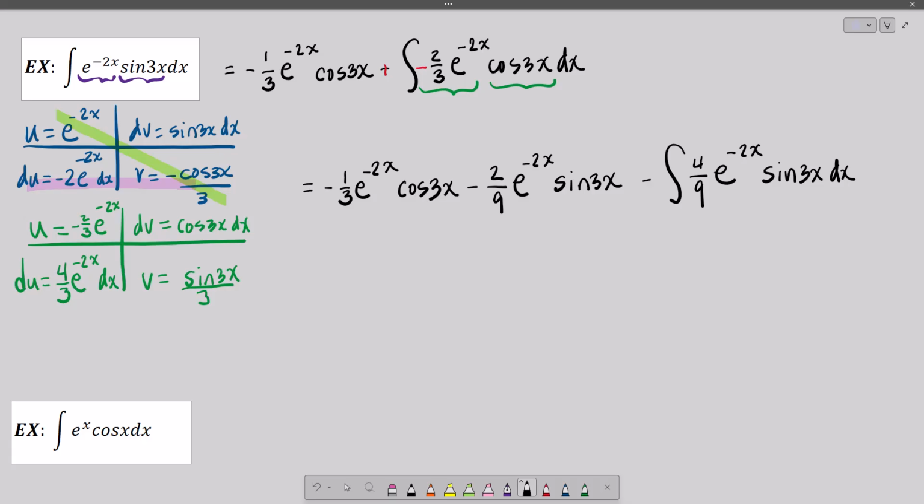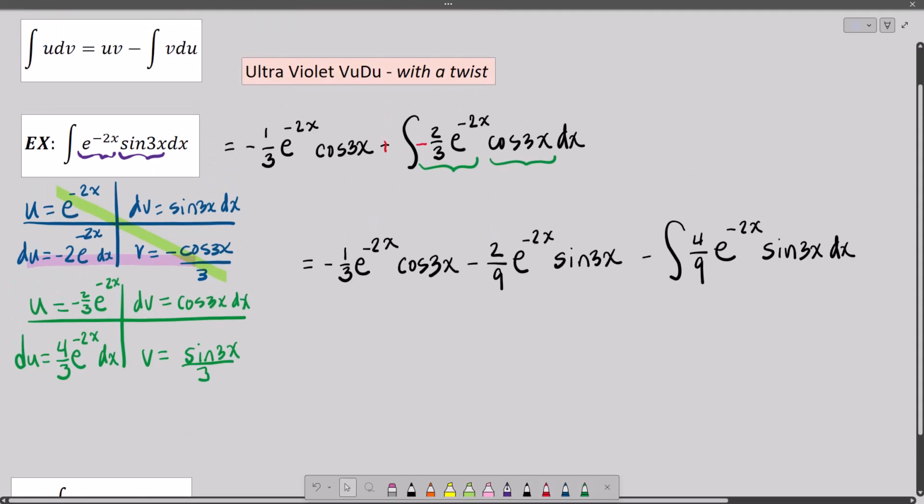Does that integral look harder or easier than the original? Same! All right, let's go back to Algebra 1. We have this integral on both sides of the equation.